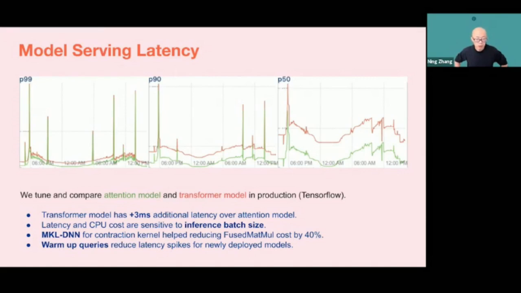The first learning that we've seen is that the latency and CPU cost are very sensitive to the inference batch size. Because TensorFlow is optimized for batch processing, we tested different batch sizes from 5 to 300, and we observed that the latency is not linear to the batch size.